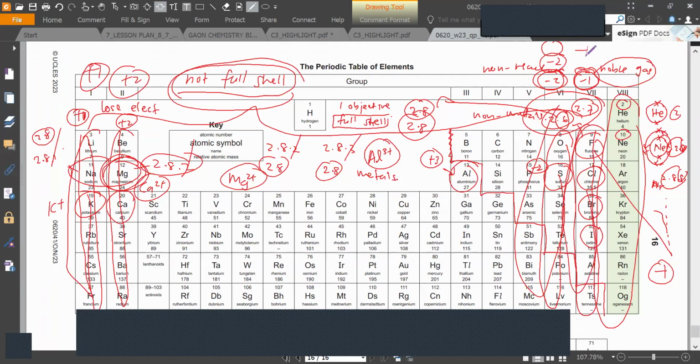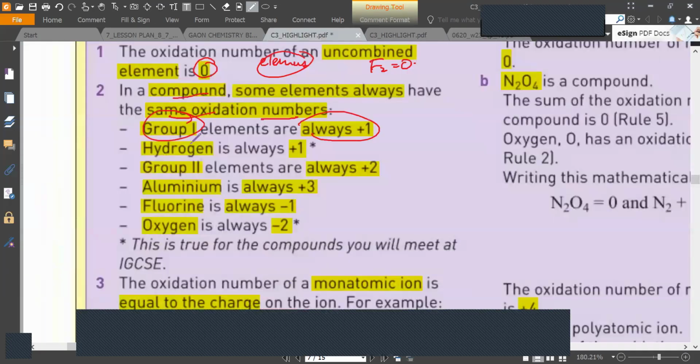Group 7 is always -1. Hydrogen is always +1. Aluminium is always +3. Fluorine is always -1. So we follow these rules.